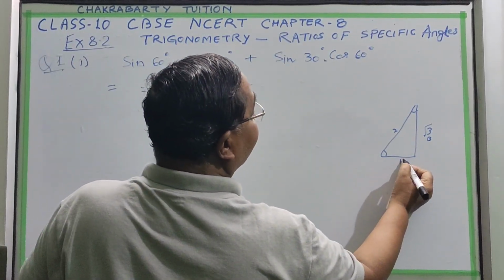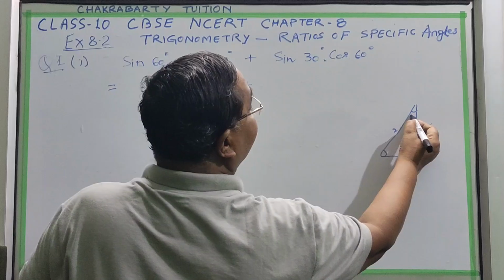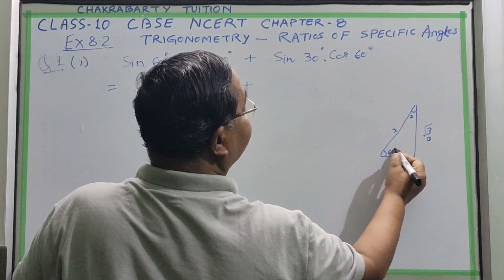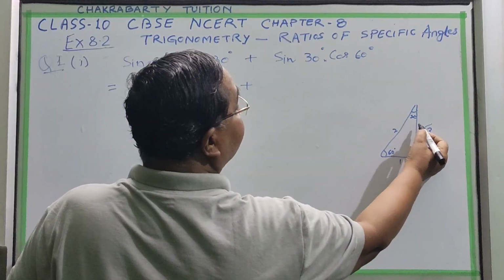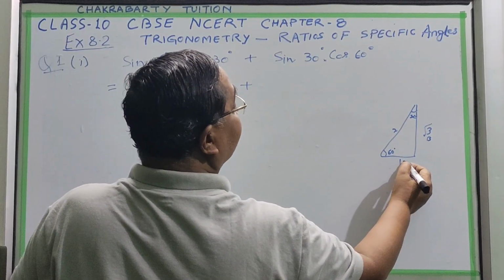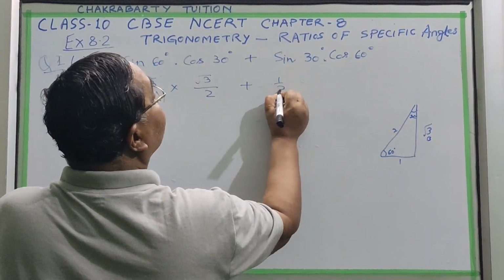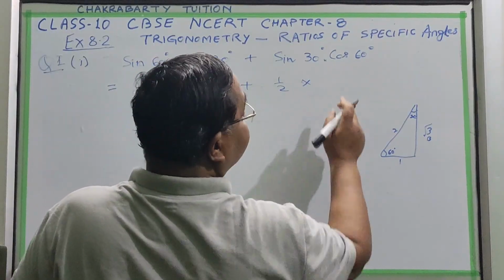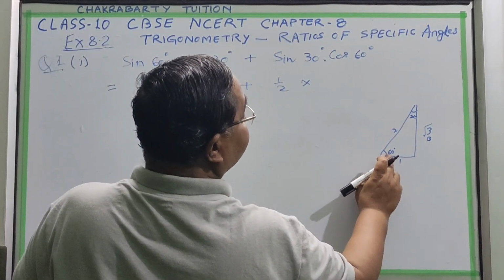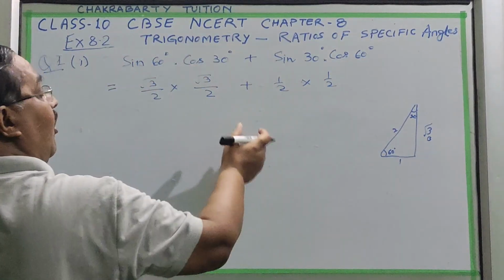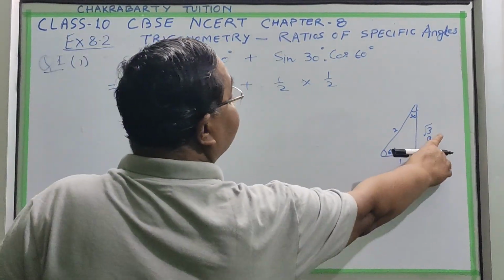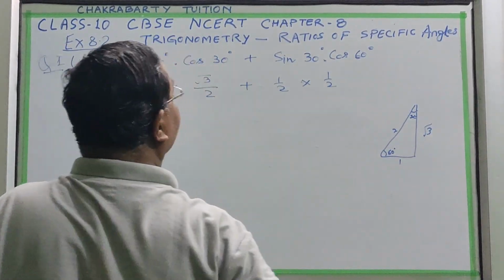Sine 30 means from here to here, because this is 30 degree and this is your 60 degree. So sine 30 means perpendicular, 1 by 2, into cos 60. Cos 60 means, see, from here you have to see, 1 by 2. You can learn it, or by this diagram you can easily write it, whatever you like.